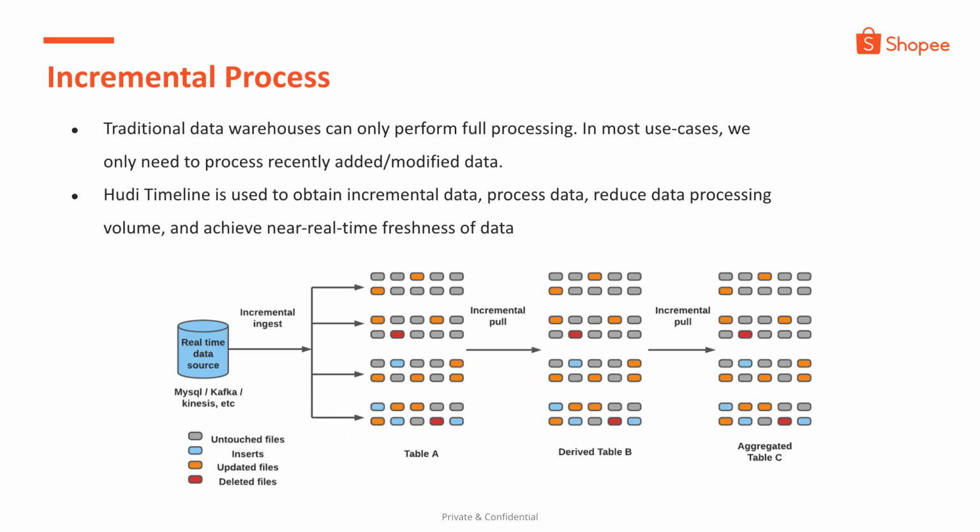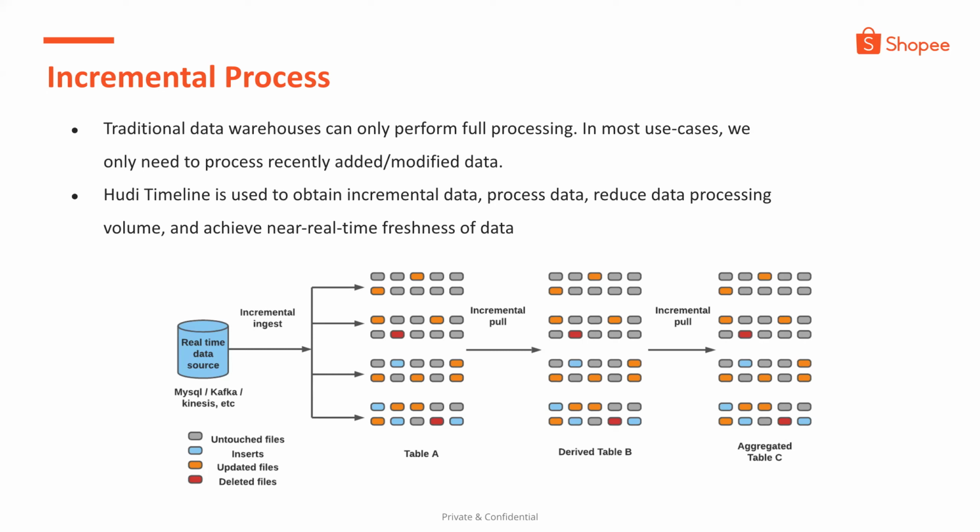Okay, this is the third example, incremental processing. When our datasets are built based on Hudi tables, we can support batch, incremental, and near real-time processing loads at the same time. For example, table A is an incremental table.